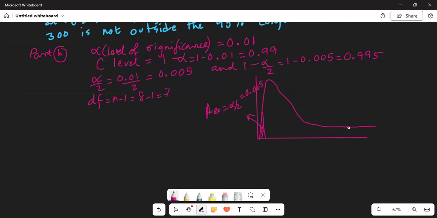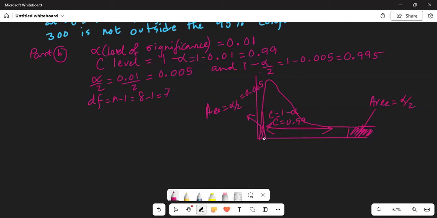And this area on the right will also be alpha by 2. So the area in the center is the confidence level, 1 minus alpha, C is 0.99.